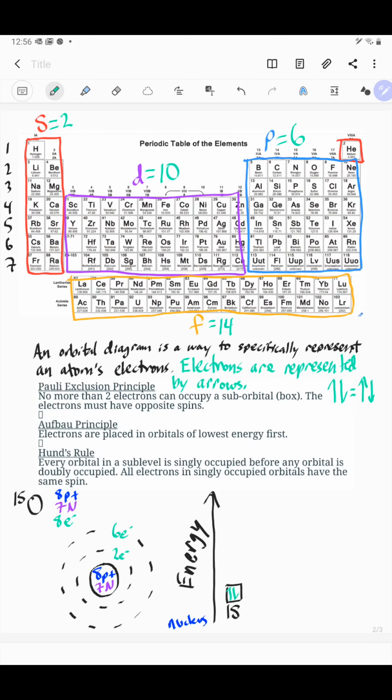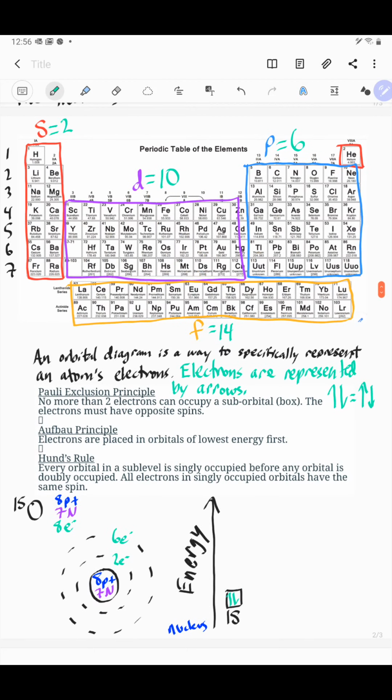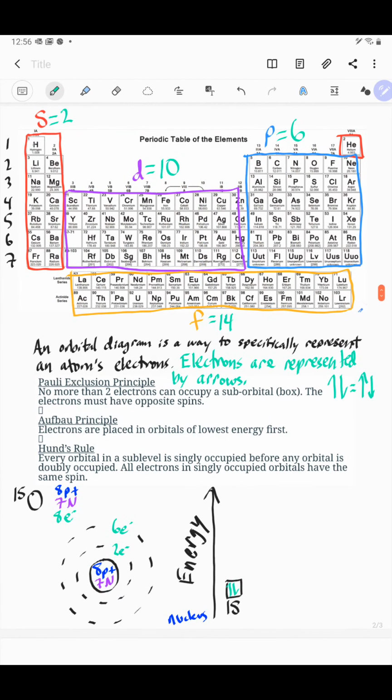But oxygen has more than just 2 electrons. So we're going to have to move on to the next orbital. One thing you can do with your periodic table is cross off where you're at, and keep going until you get to the element that you want. So we just established that we crossed off this one and this one, and we are now at where lithium's at. So again, we are now in the second energy level, and specifically the S orbital.